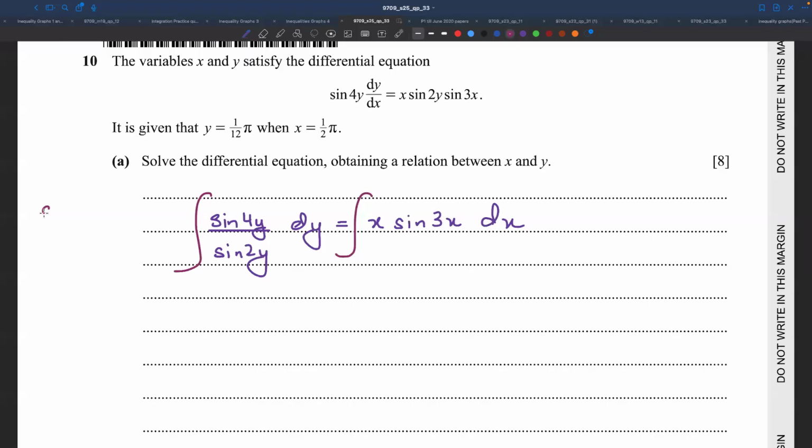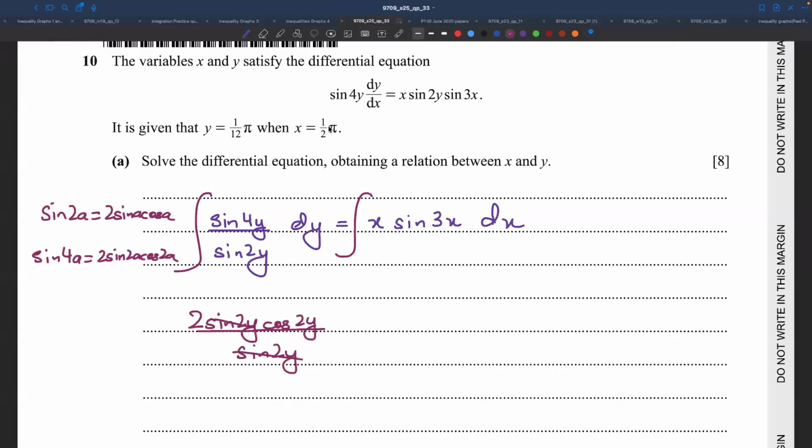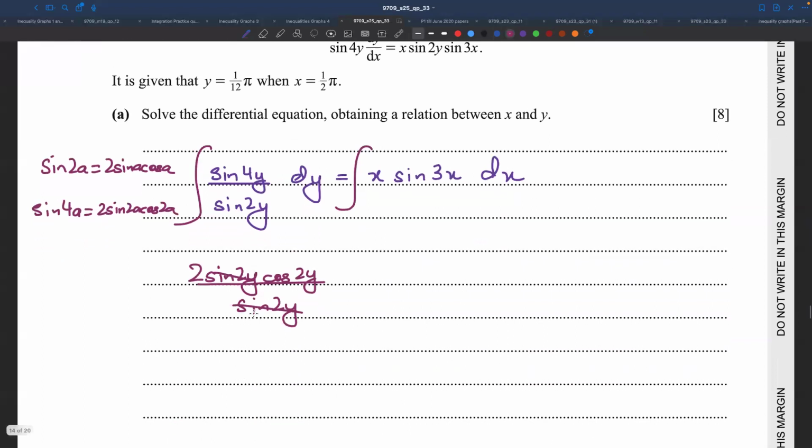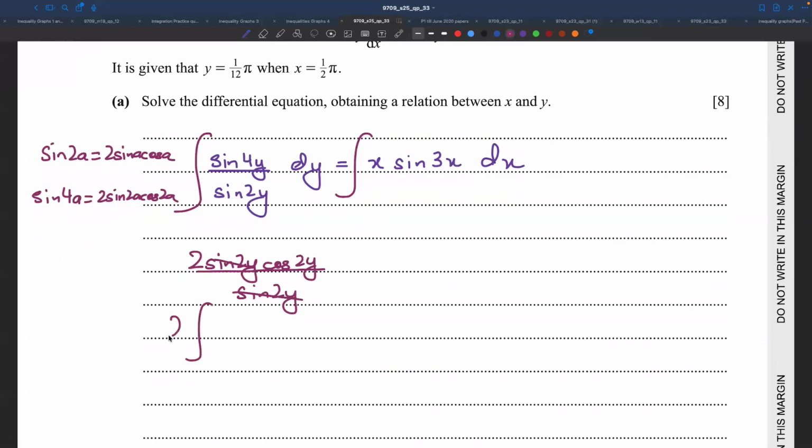So in place of sine of 4y, I can write 2 sine of 2y cos of 2y divided by sine of 2y. Sine of 2y and sine of 2y cancel. Now I'm left with a very simple term, which is 2 cos of 2y that I have to integrate on the left-hand side. On the right-hand side, I have x sine of 3x.